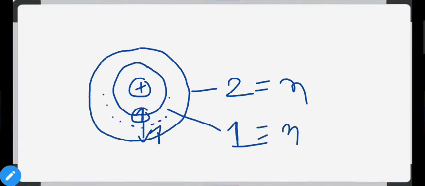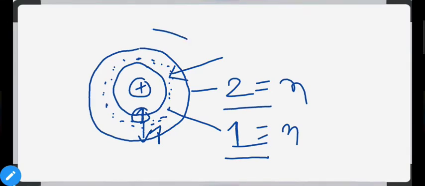If we represent some region between these two states with a dotted line, electrons will never be present here; they are not allowed to be there. They must be at the first principal quantum number or orbit, or at the second, and so on.